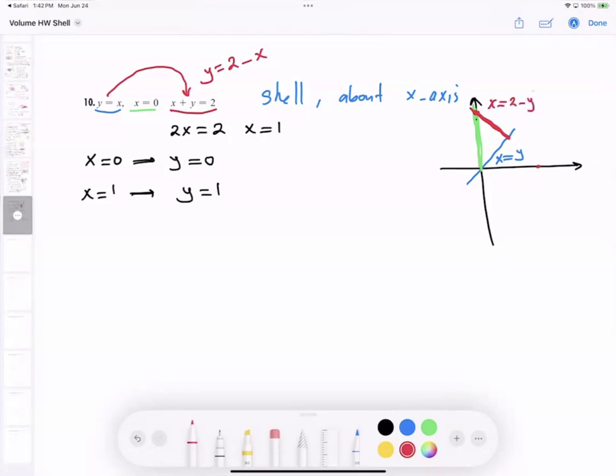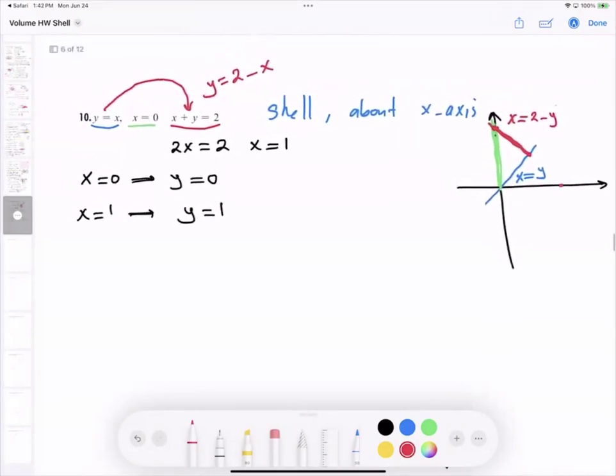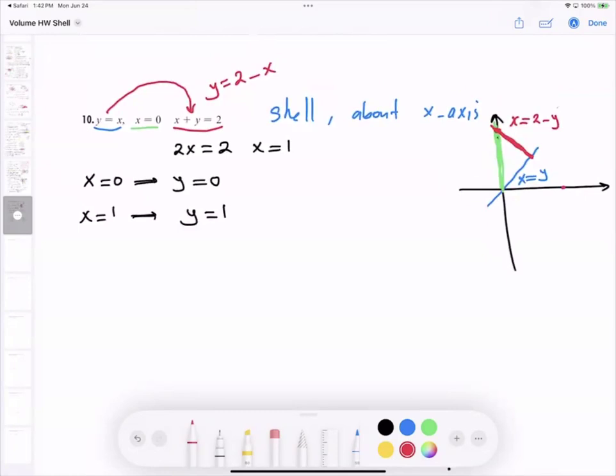So you can easily find the height just right here. Perfect.